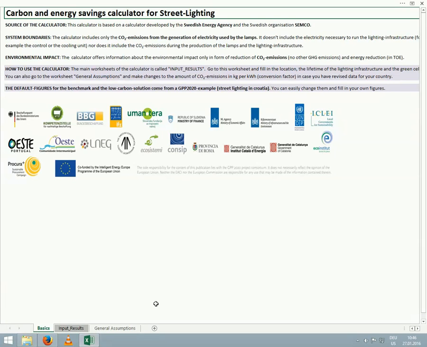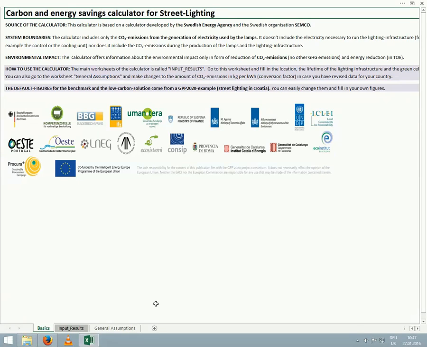Here we have also included an explanation that this tool calculates energy consumption and greenhouse gas emissions generated by the illumination of streetlights, but it does not include the energy necessary to run the lighting infrastructure, like, for example, the control, nor does it include emissions generated from infrastructure. Please bear in mind when using the calculator that the decimal separator is a comma, not a point.